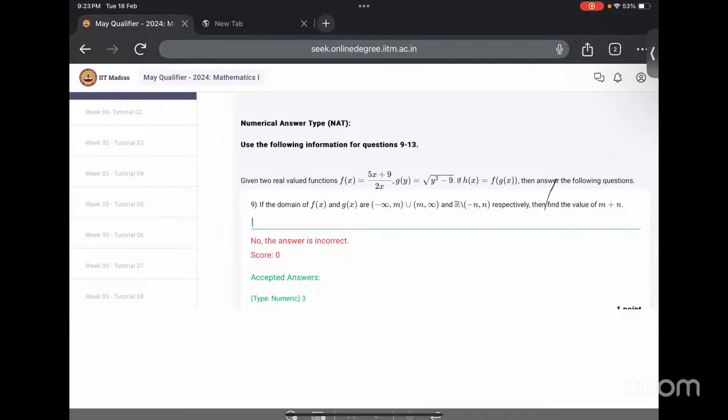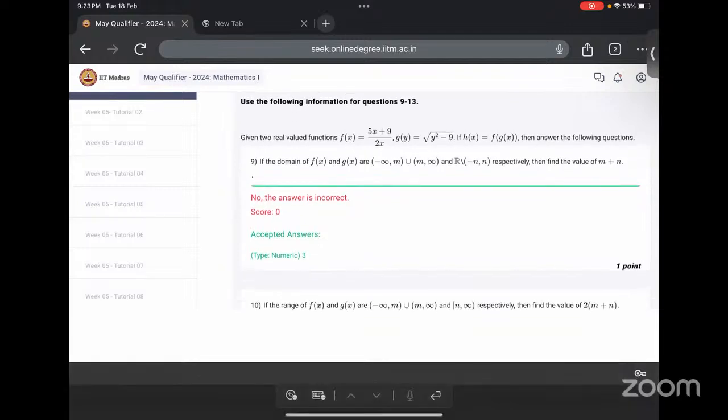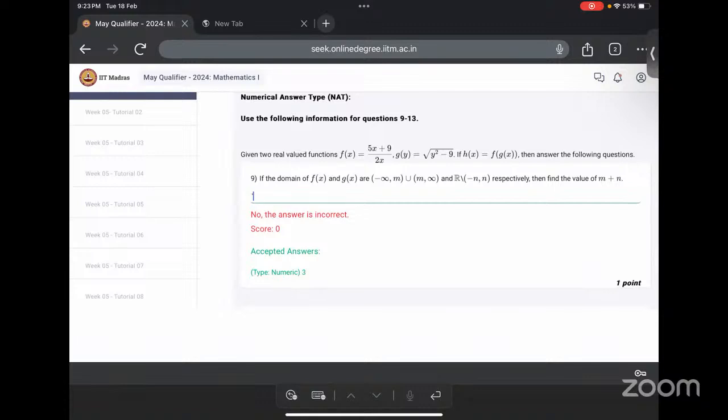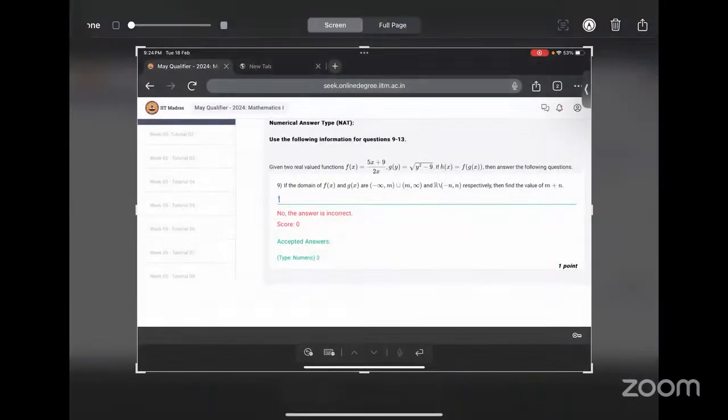Then we have some functions f, g. We have to calculate the domain. Let us do it. What is the domain of f? It should not be 0. That means R minus 0, right? That means minus infinity to 0, union 0 to infinity, right?